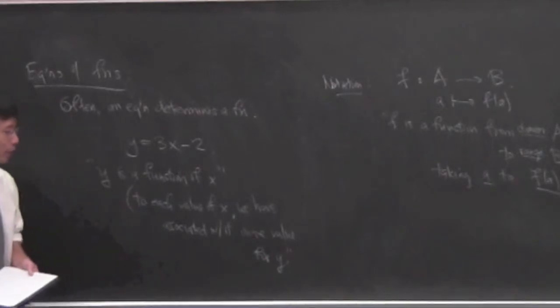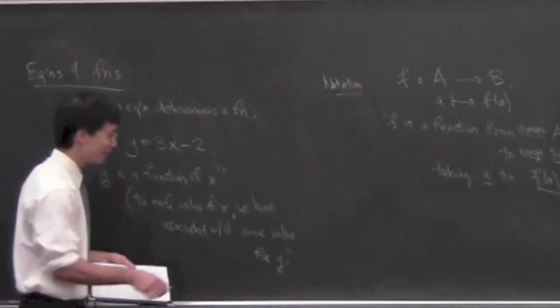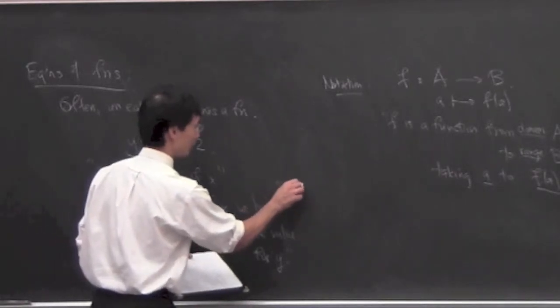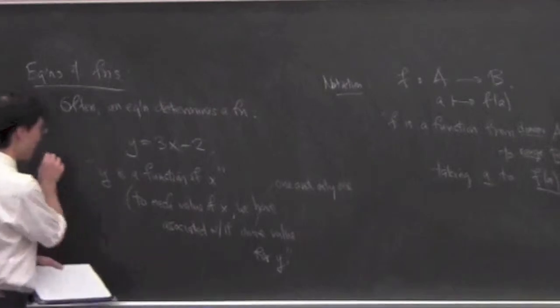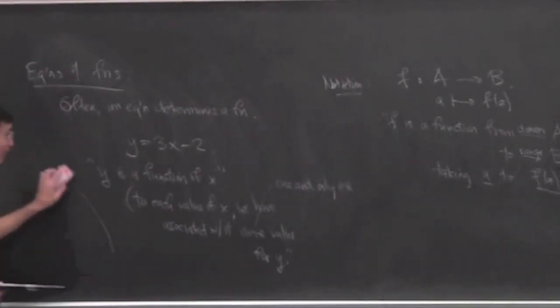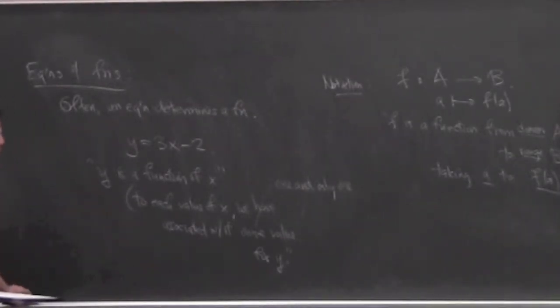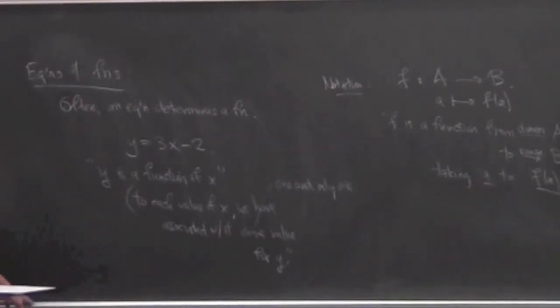I'm going to use this funny looking symbol to mean one and only one. Later we may see the word iff, meaning if and only if. I'm not making this up.